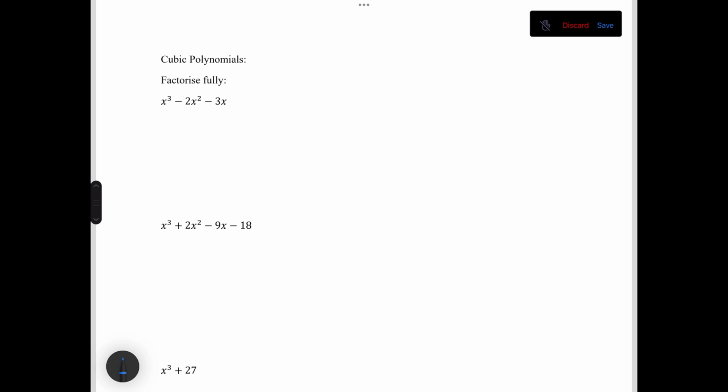Right, so we look at the first one and we can see that we can take out a common factor. The common factor there will be x. We open a bracket and it's going to give me x squared. That comes from taking x to the power of 3 over x and subtracting the exponents.